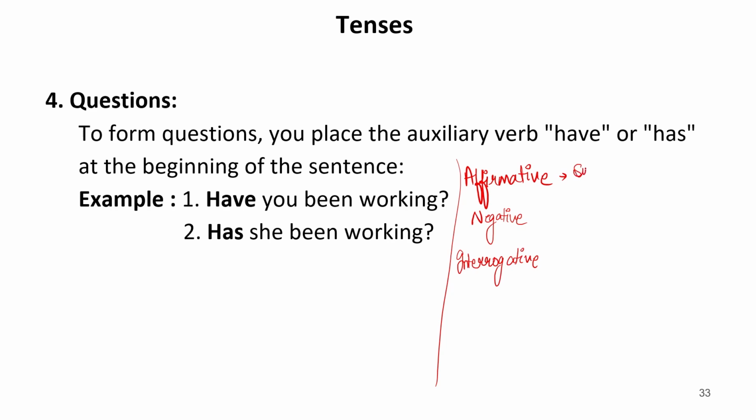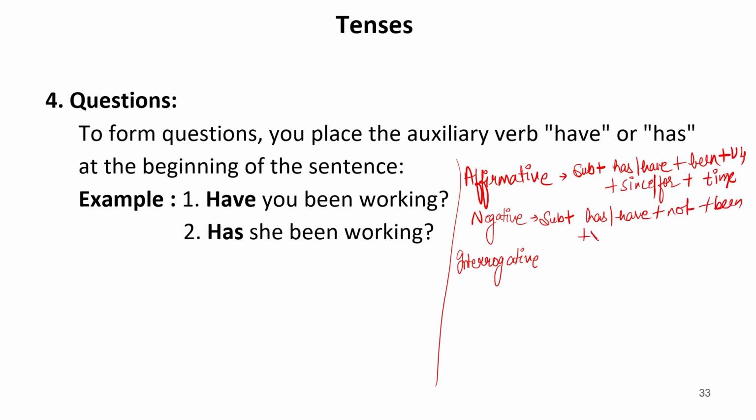Affirmative is subject plus has or have plus been plus verb fourth form plus since or for plus time. Now in negative sentence, it should be like subject plus has or have plus not plus been plus verb fourth form plus since or for plus time.